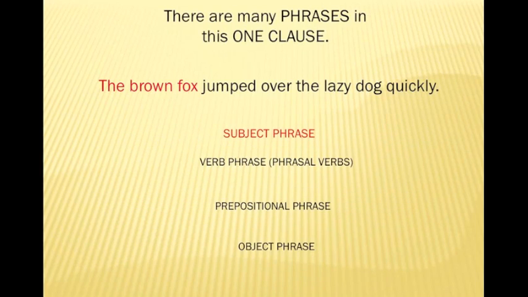Now, in this one clause, or sentence, there are many phrases. Again, we've said there's a subject phrase, a verb phrase, or in this case a phrasal verb, a prepositional phrase which shares the verb, remember it's jumped over, and then we have the object phrase, which in this case the lazy dog is the object of both the verb phrase and the prepositional phrase.